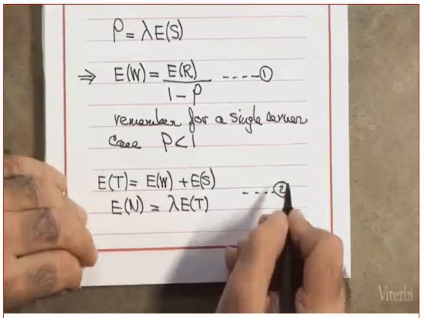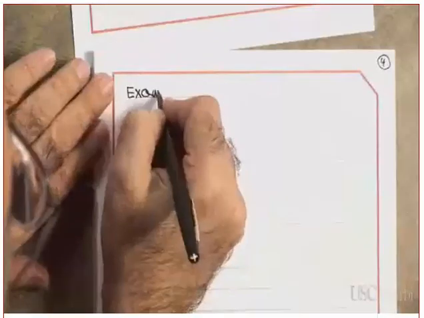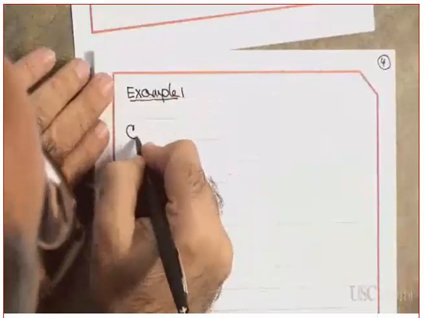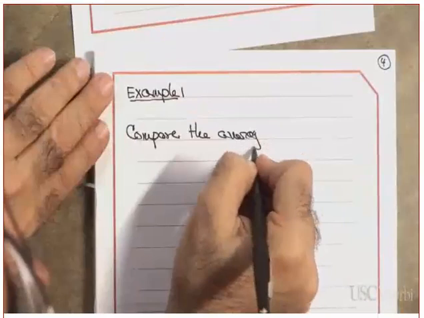Clear? You can write it as lambda over mu times mu minus lambda. This one is mu minus mu plus lambda, so it's lambda, or you can write it as rho over mu minus lambda. So this one, equation 1, is the first one, and this is the second, for the M/M/1. Clear? Okay, good.